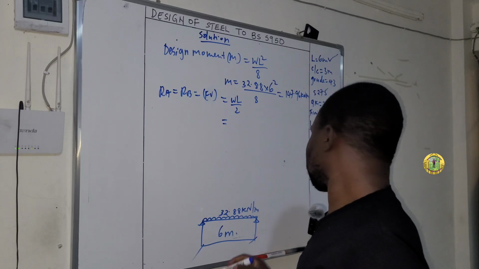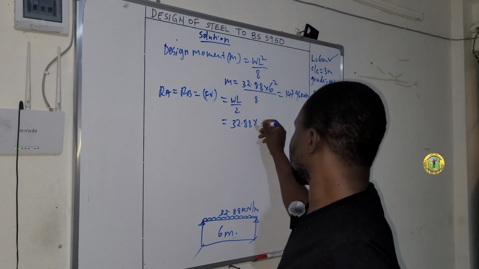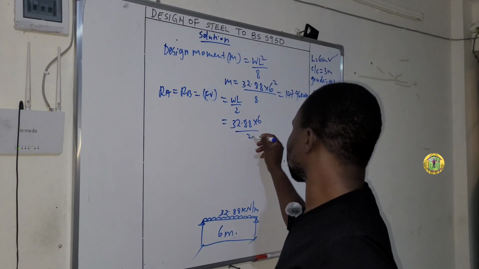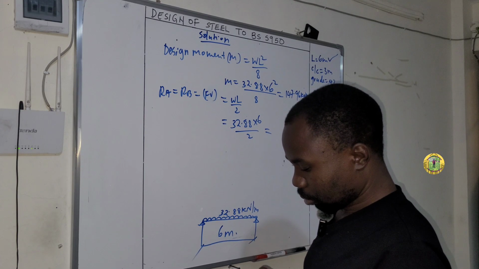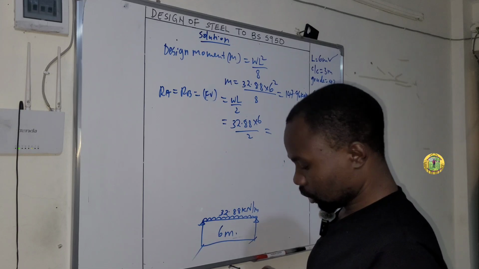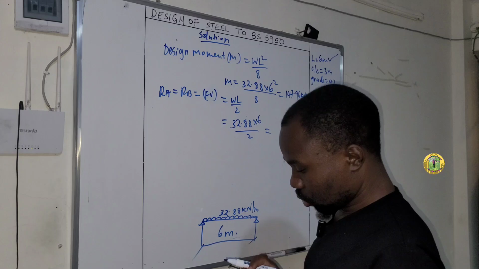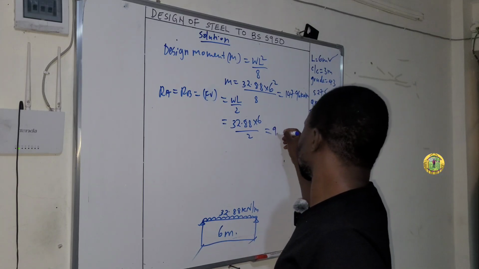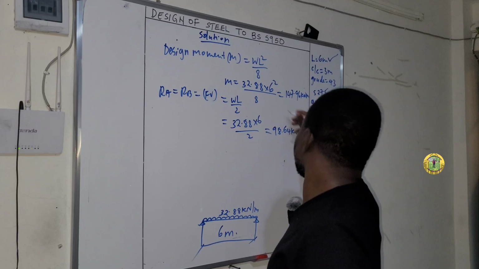So this one is equal to 32.88 times 6 over 2, which is 98.64 kilonewton.